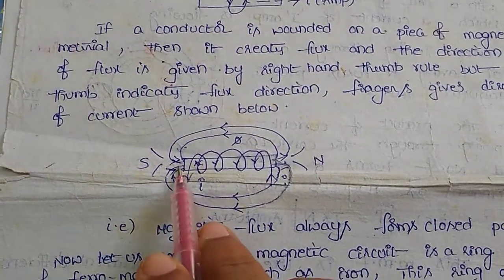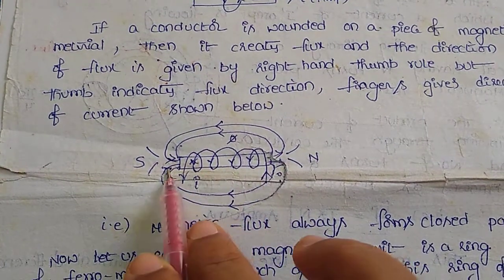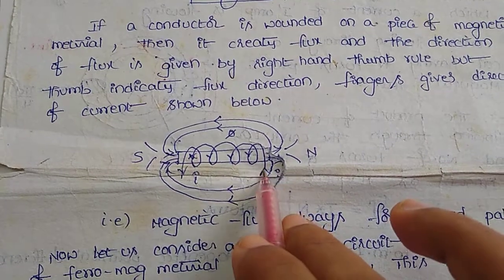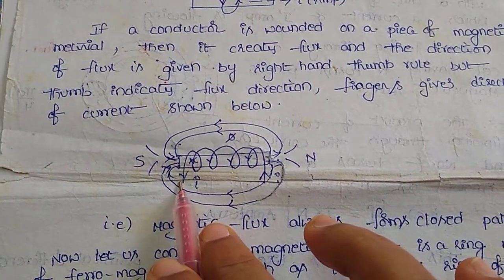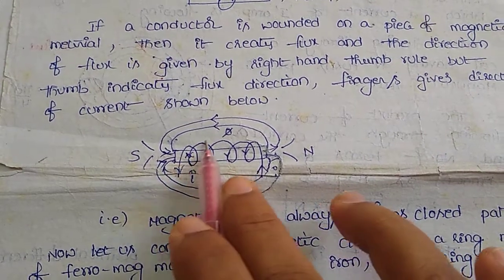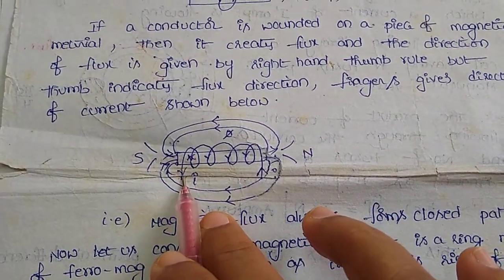Now here it is an iron base over which a conductor is wound like this. Then this conductor is excited by some source which is able to carry some current of I amperes.